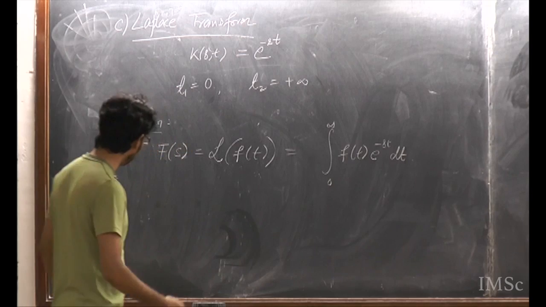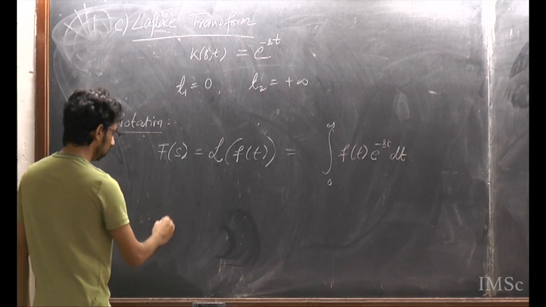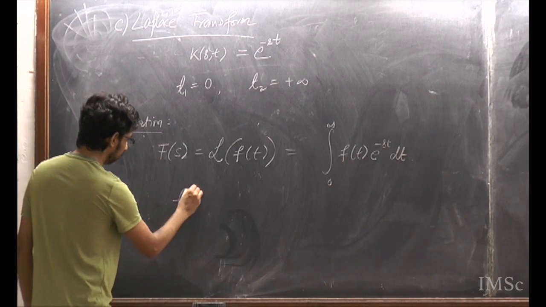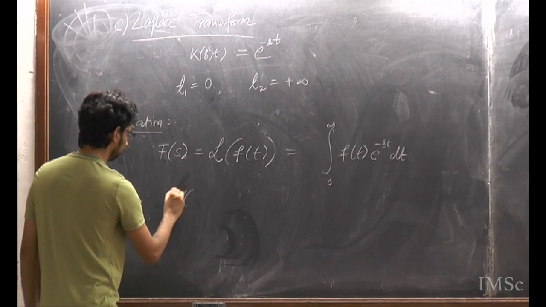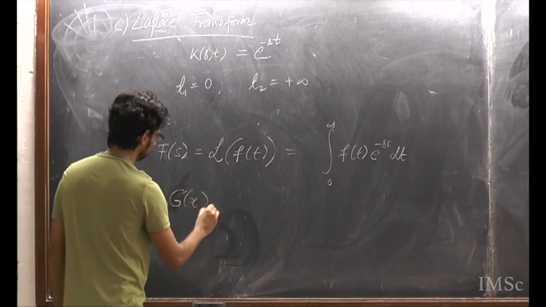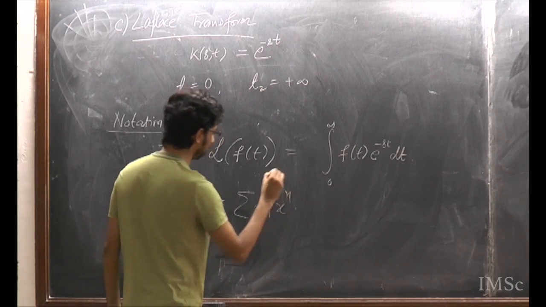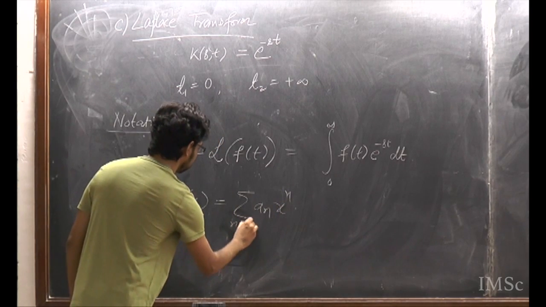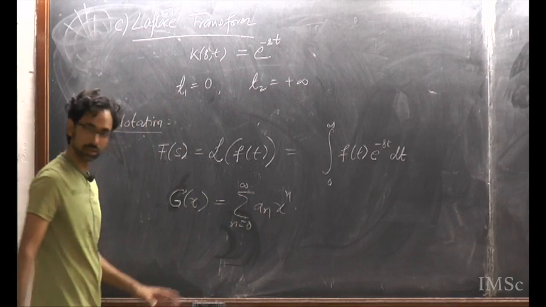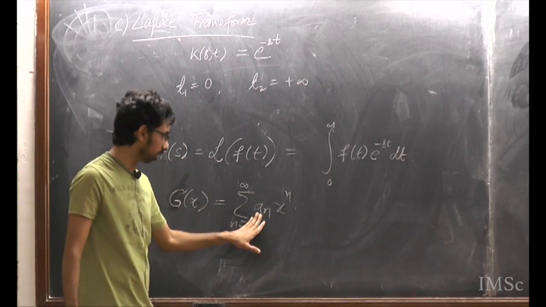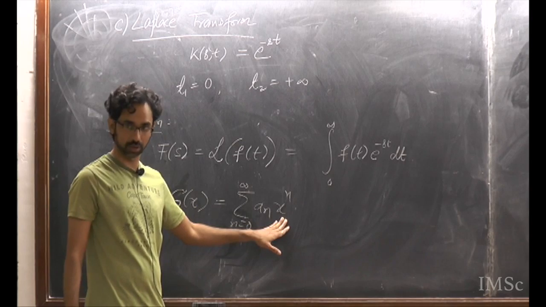For example, let me write f or g(x) to be the sum of a_n x to the n, n equals 0 to infinity. So this is discrete, the a_n's are discrete, x can take any value, right?